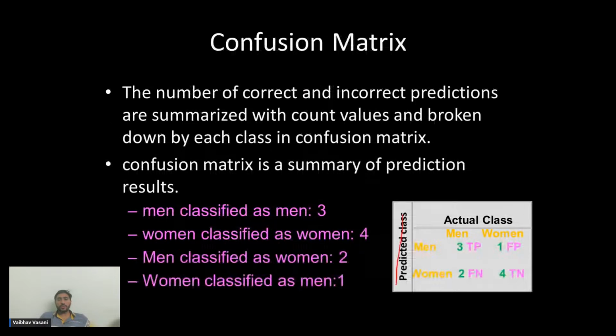True positive: men classified as men. False positive: actually it is a woman and we predicted a man. False negative: actually it is a man and we predicted a woman. True negative: woman predicted as a woman. So this worked very well.